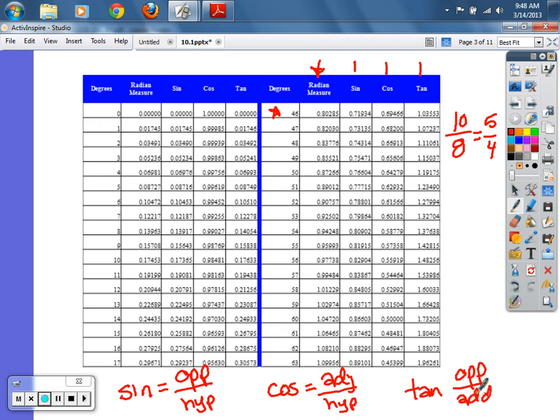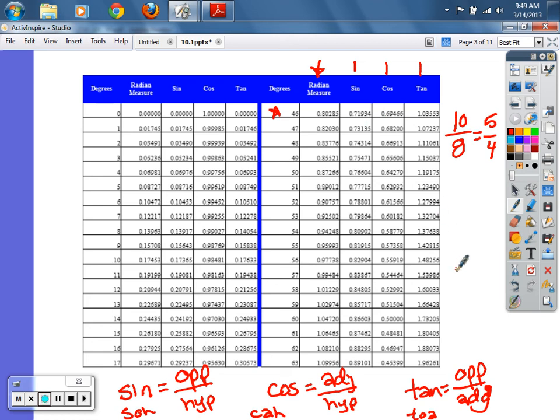Remember the chief's name? That's a J. Pretend that's a J. Sokotoa, look. So, SOH: opposite over hypotenuse. CAH: adjacent over hypotenuse. TOA: opposite over adjacent. So when I'm looking at an angle of 46 degrees, if I go to the side opposite it, and I put it over the hypotenuse, this will be the simplified ratio I get. Okay, we're going to see some examples. This should make more sense.